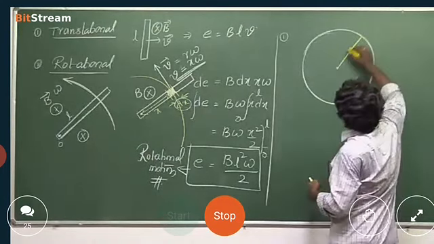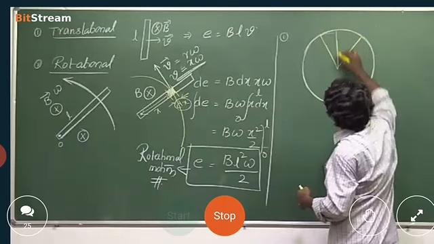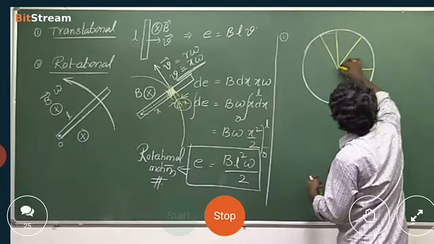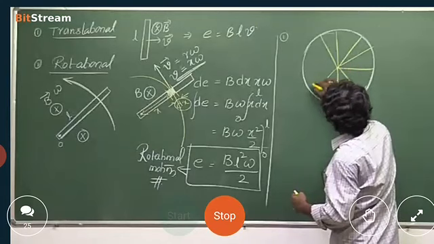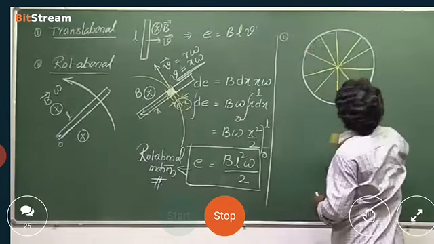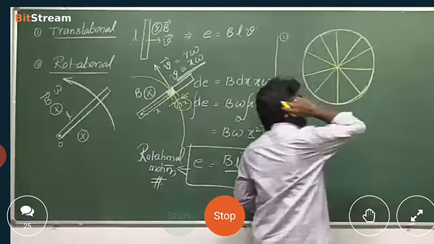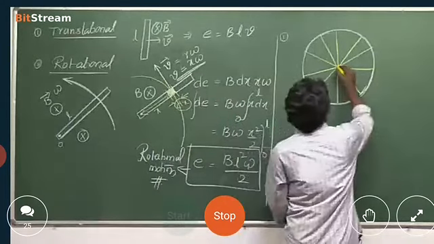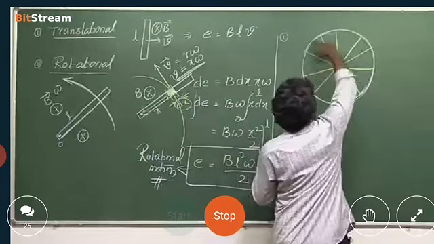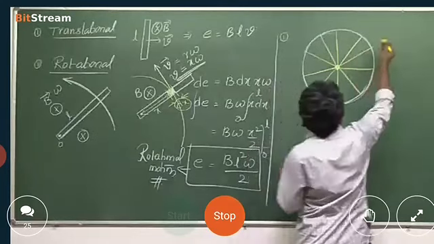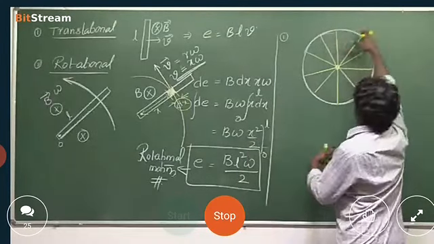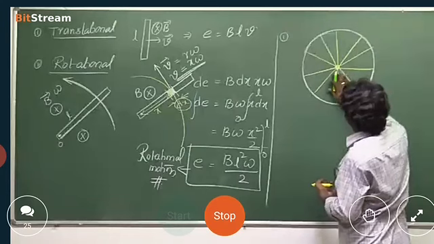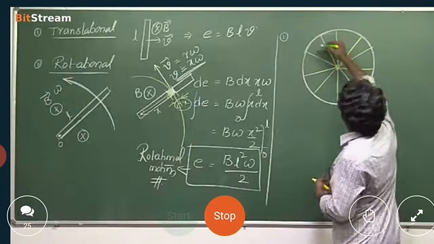Some spikes will be there like this, some small thin rods. Of course, these are conducting rods. Anyhow, let us suppose this is a bicycle wheel with around 50 or 100 spokes or something like that.